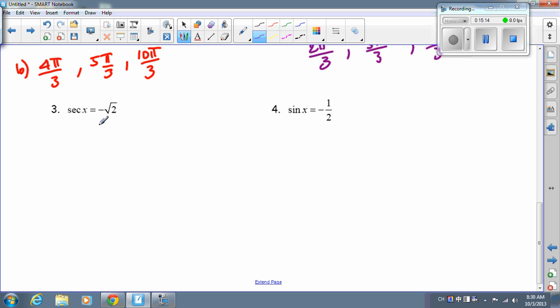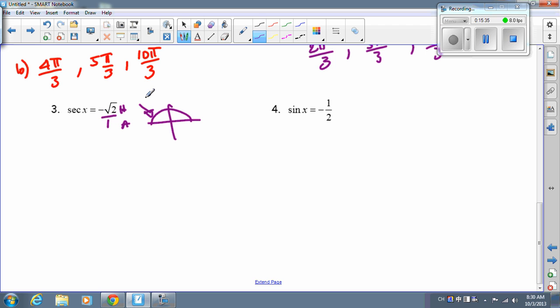Let's do the secant. Secant, cosine's brother, lies on the cosine, and it's negative, so it's in this quadrant, meaning the second quadrant. This is over 1. Therefore, the hypotenuse is square root of 2, and the adjacent is 1. Therefore, the opposite will be 1. That's a 45-degree angle.